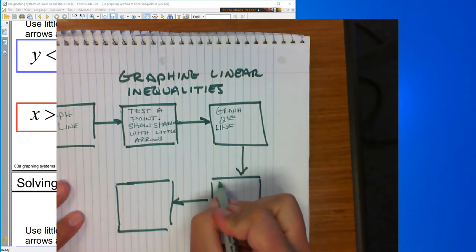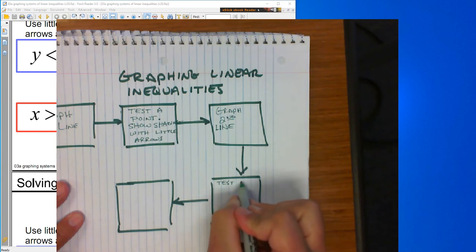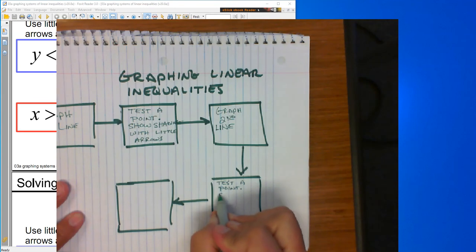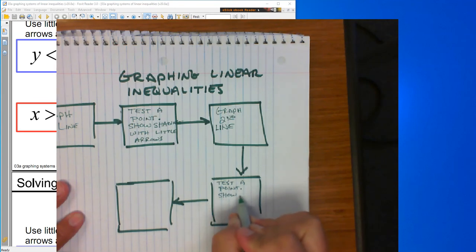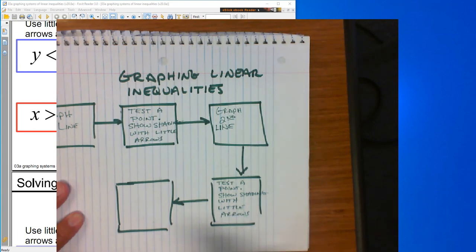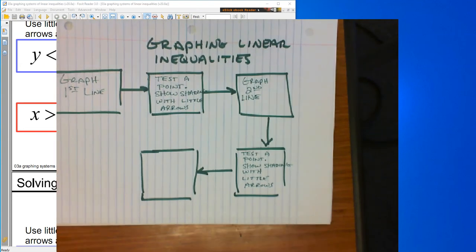Test a point. Show shading with little arrows. So now use those little arrows to do the final shading.